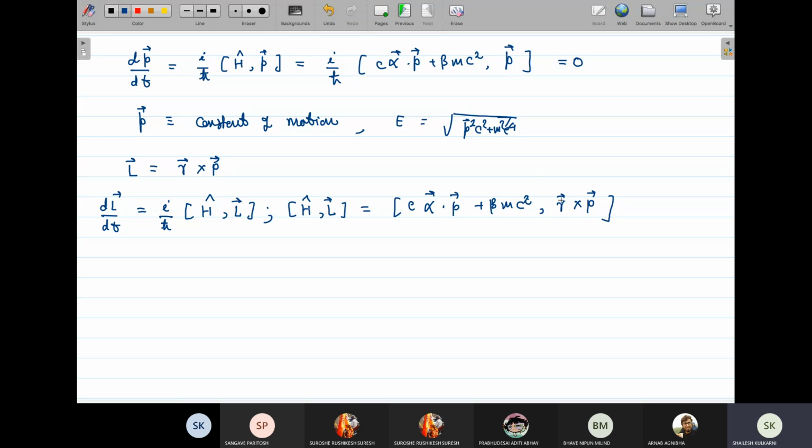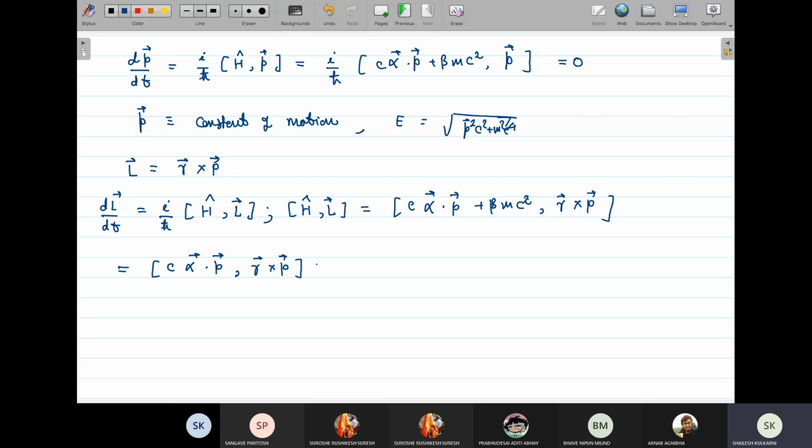So this will commute with beta because beta will have identity. Now with this c alpha dot P and R cross P.